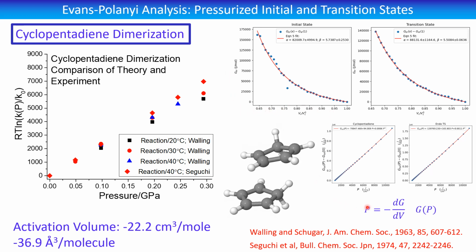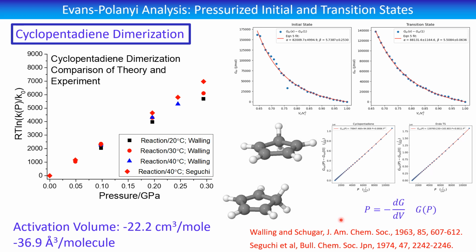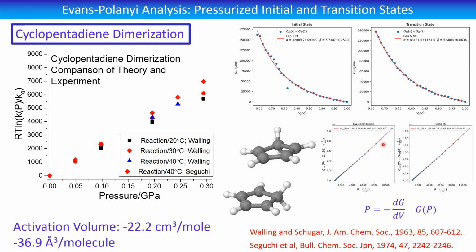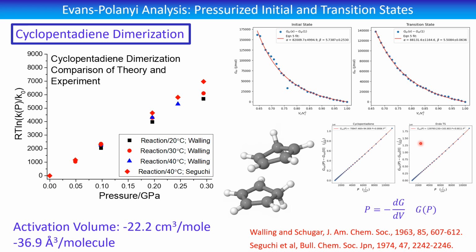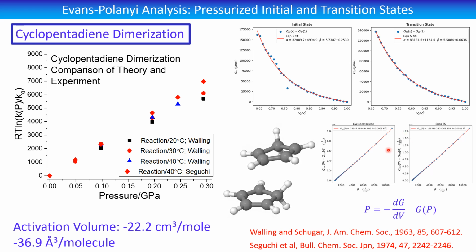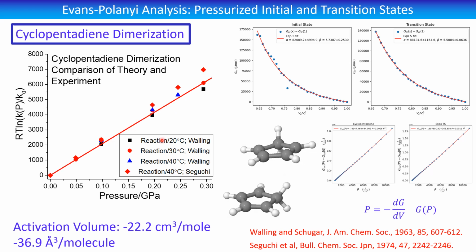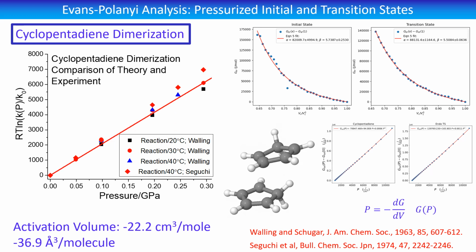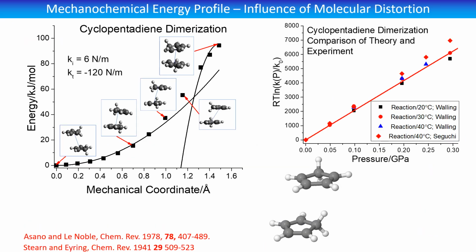We can get the pressure from the gradient of those curves so that we can then calculate for the initial and transition state the change in Gibbs free energy, from which we can get the rate constant and find that the agreement between experiment and theory is very good.